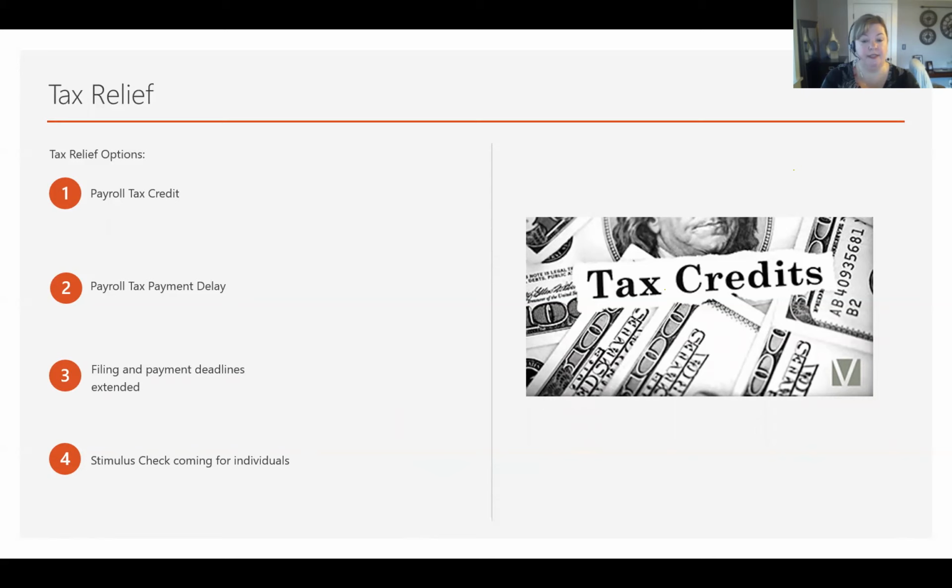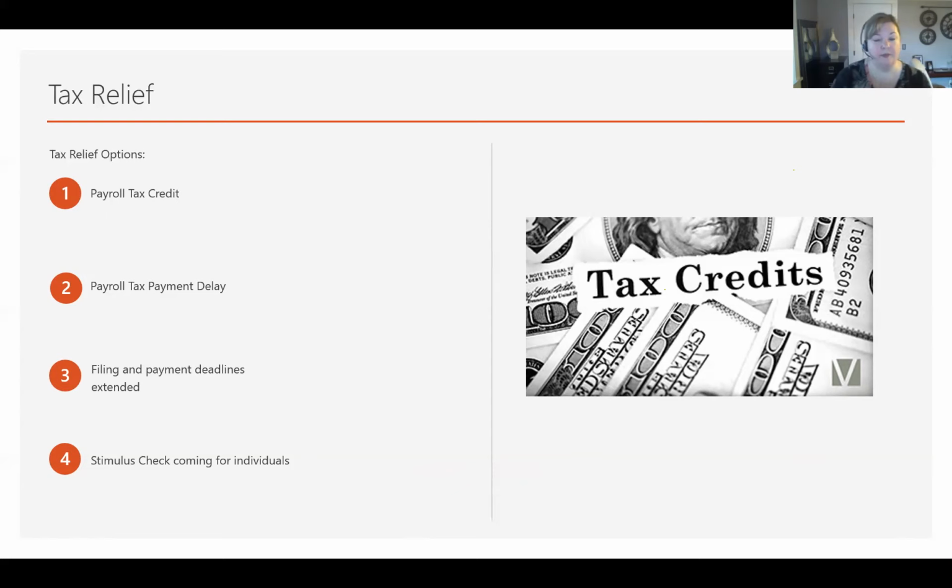So whatever the employer cost is, so the Social Security and Medicare the employer pays, the unemployment the employer pays, those can be deferred and not paid during this year, and you'll pay half in 2021 and half in 2022. So it's definitely deferred, not forgiven, but you can delay those if you would like.